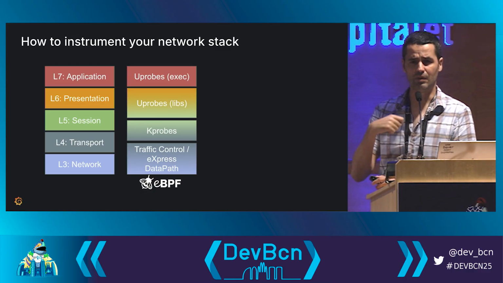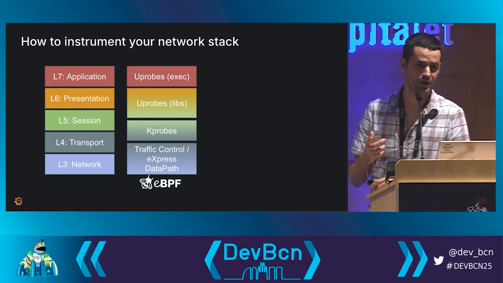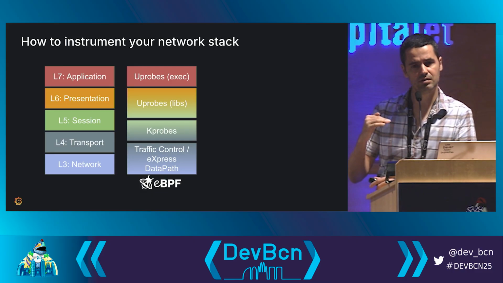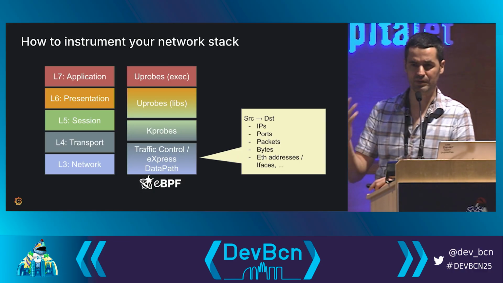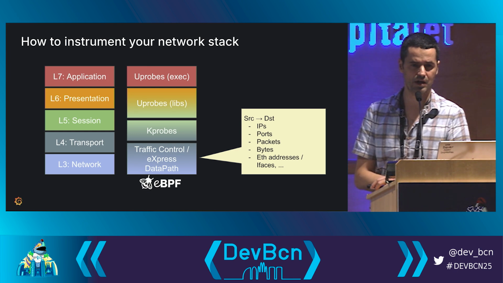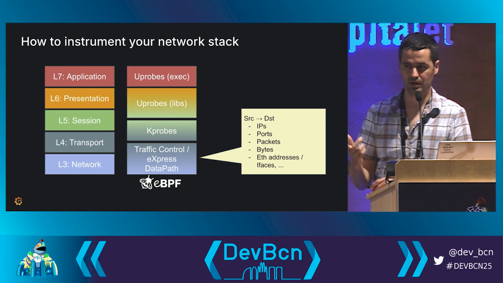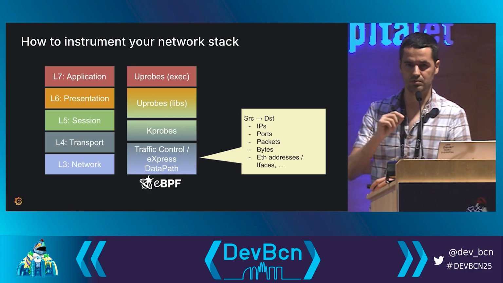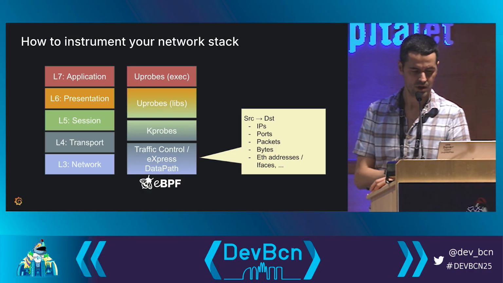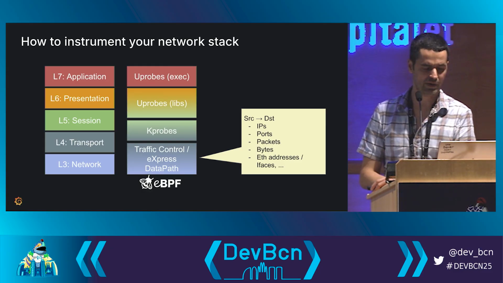And with that, you can provide generic information about your network connections, like IPs, ports, how many packets, how many bytes, which network interfaces are being used. But if you need application-level data, like which HTTP methods, how long each invocation takes, you need to start injecting programs at the upper layers.